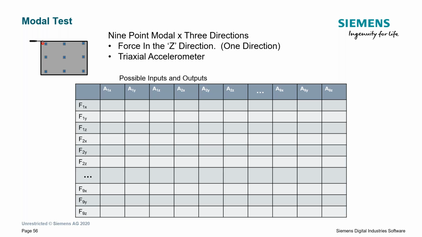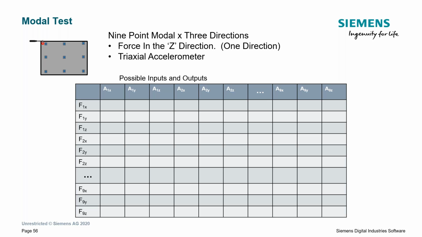If I've got the time, I could do that same test with just one triaxial accelerometer and a hammer. I can just rove or move that accelerometer to 100 different locations to build this modal matrix. So when we're doing a modal test, we want to build a modal matrix, and the more complete this modal matrix is, the more in-depth of a modal analysis we can do.